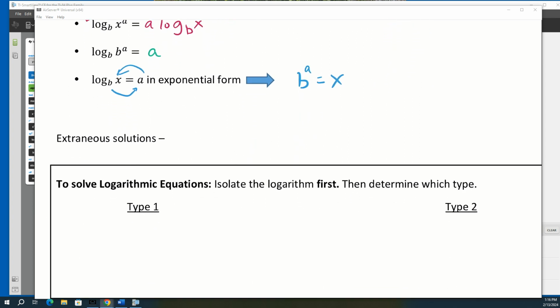All right, so I think this year we've talked about extraneous solutions. I can't remember what type of equation it was, maybe rational or radical equations. But do you know what extraneous solutions are? Anybody? All right, they're false solutions.